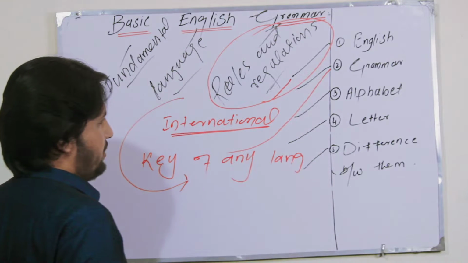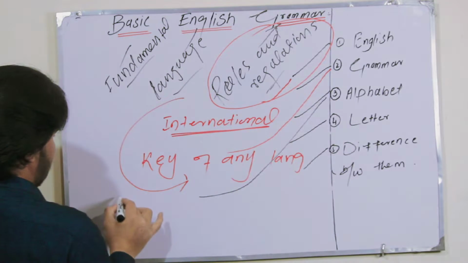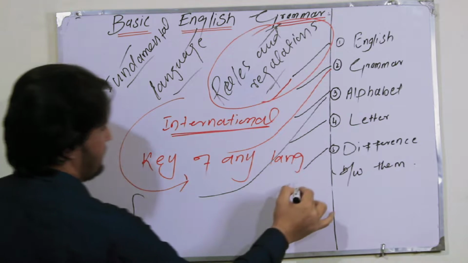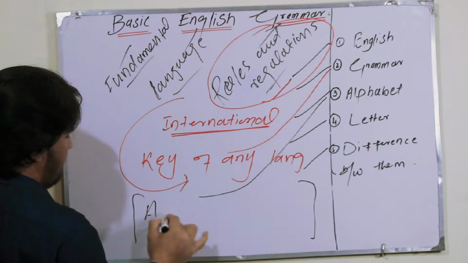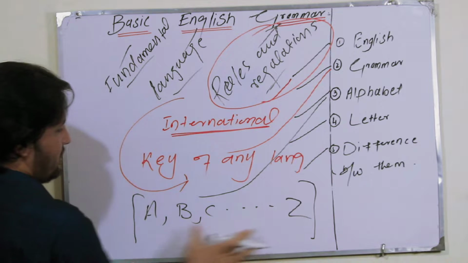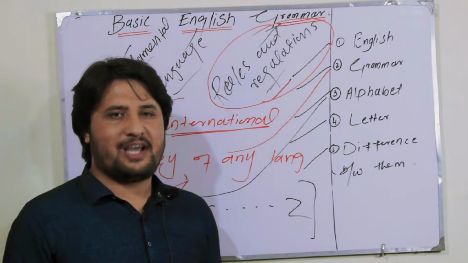Coming towards alphabet. What is alphabet? It is defined as a set of letters arranged in a fixed order. A set of letters is like this: A, B, C up to Z. Now this is called a set. When similar things get combined together, we call it a set.